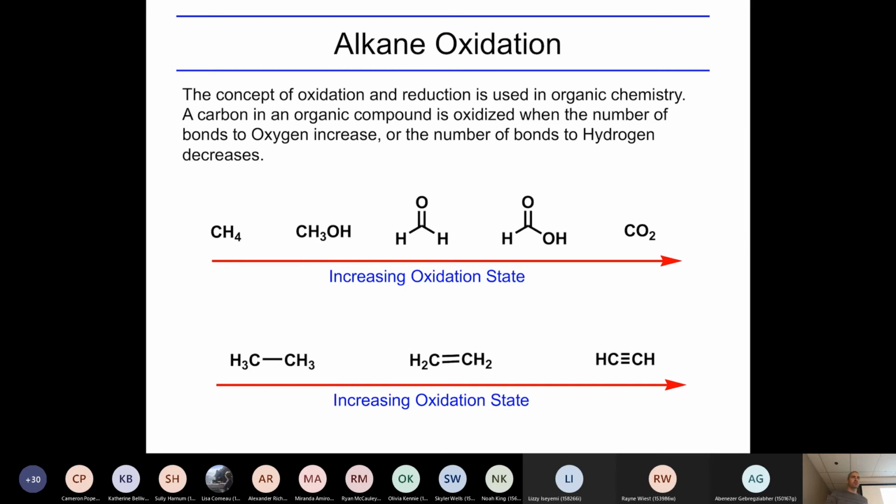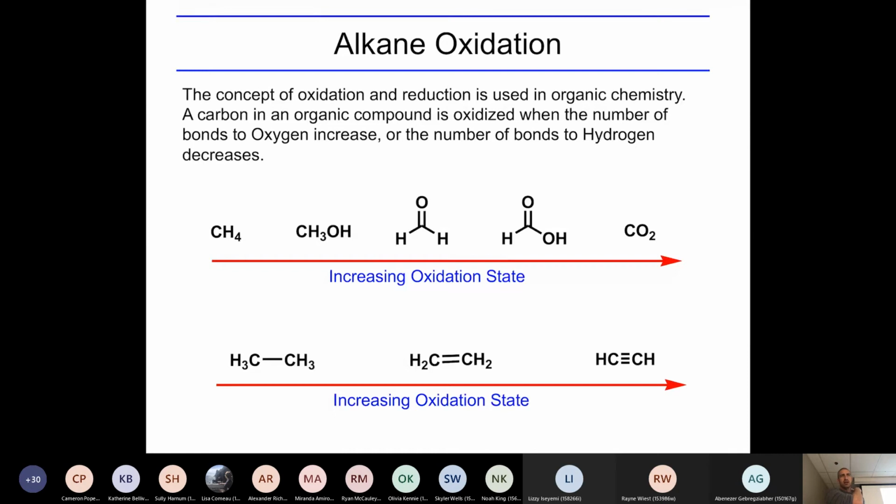Oxidation and reduction, very important in organic chemistry, particularly in organic 2. We do a little bit of oxidation and reduction in organic. In first year, you did redox, you did balancing redox equations, and you did a whole unit on electrochemistry. In organic chemistry, it's a bit different. We don't really assign, I mean, you can assign oxidation numbers the same way, but we generally don't.